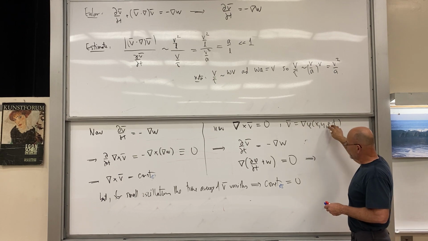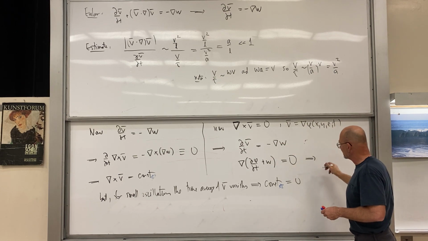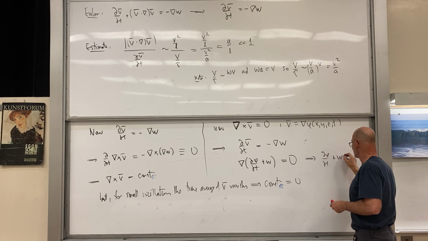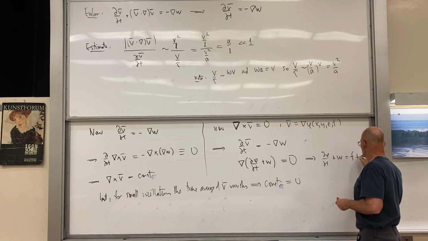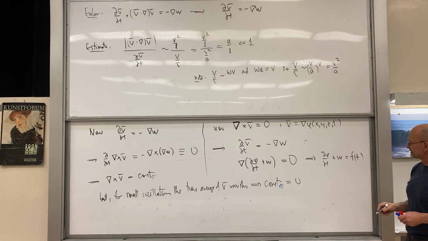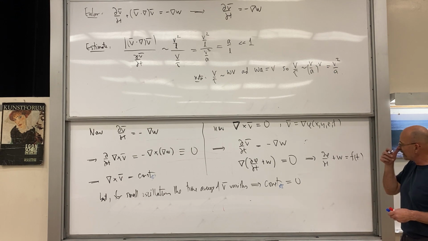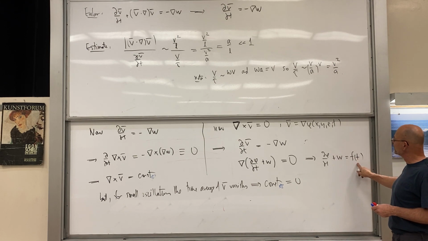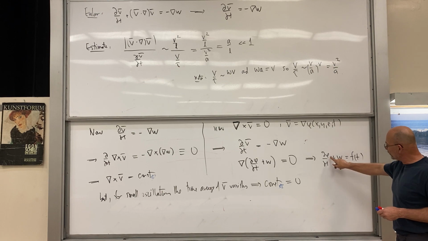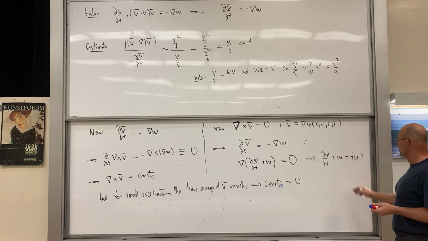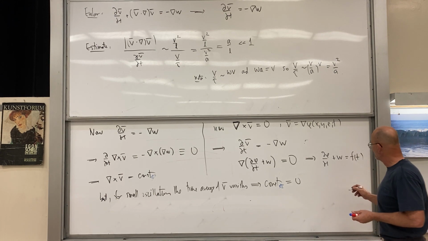So I plug that in, and d phi dt plus W is equal to a function of time. And interestingly, we're never going to actually have to know this function of time, because we can always think of it as being absorbed into the time dependence of phi itself.